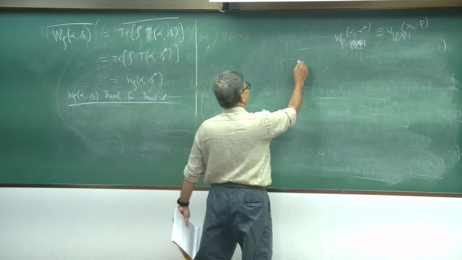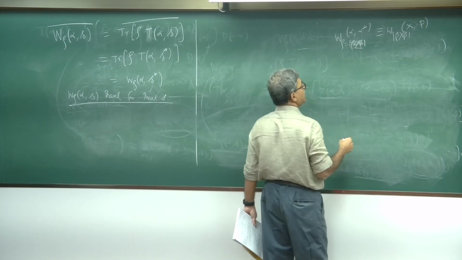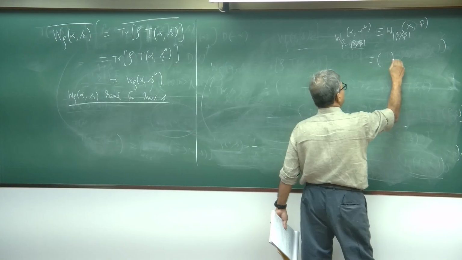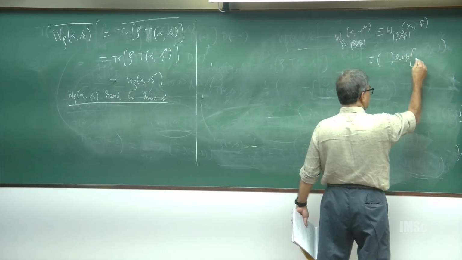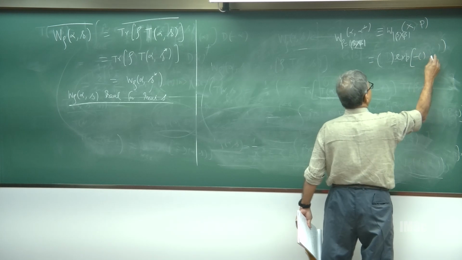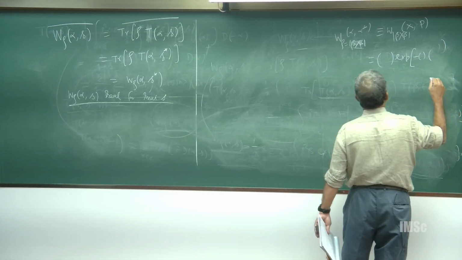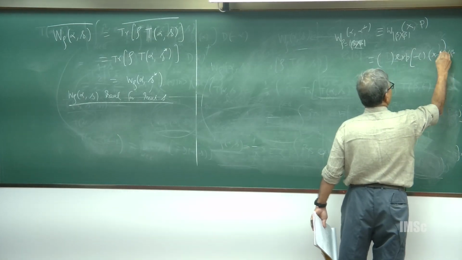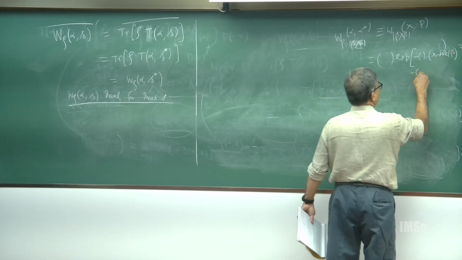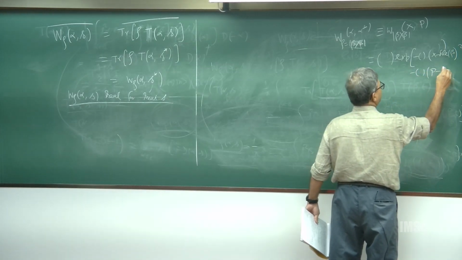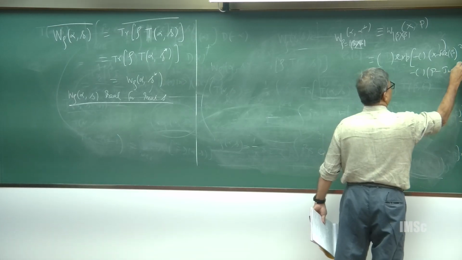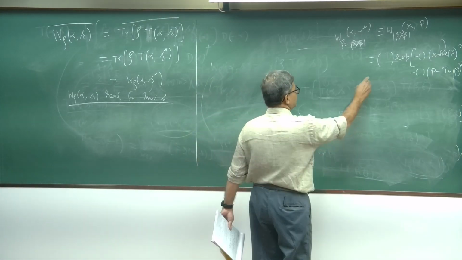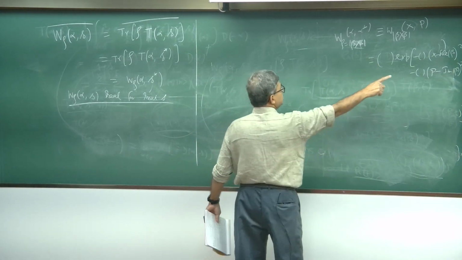So this will basically be a Gaussian function: some normalization factor, exponential of some negative factor times x minus square root of the real part of beta whole square, minus some factor times p minus the imaginary part of beta whole square, something like this. So this is your Wigner function, and it is a Gaussian.